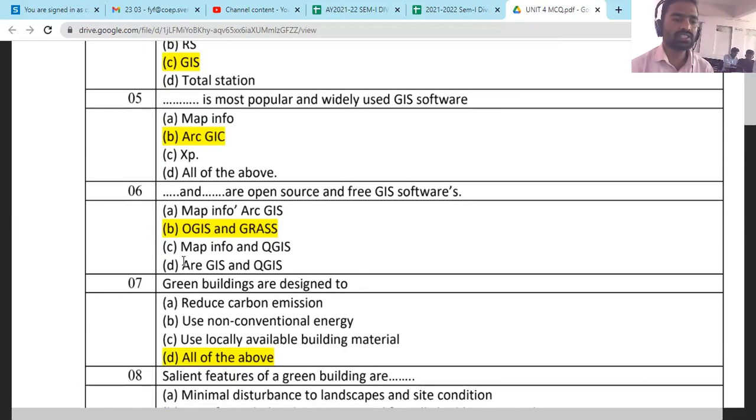Then the sixth one: dash and dash are open source and free GIS software. MapInfo and ArcGIS, QGIS and GRASS, or ArcGIS and QGIS. So directly remember QGIS and GRASS. These are the free GIS software.